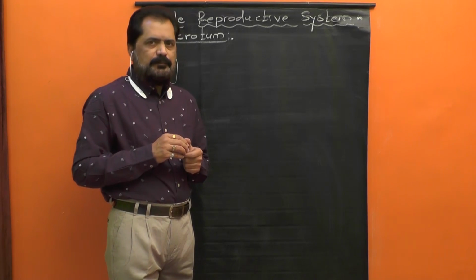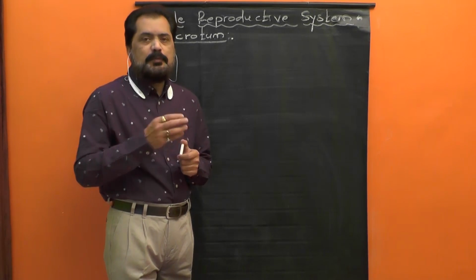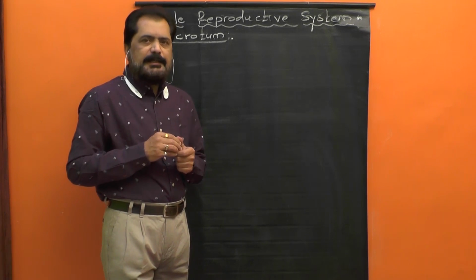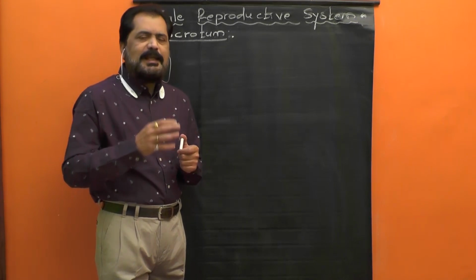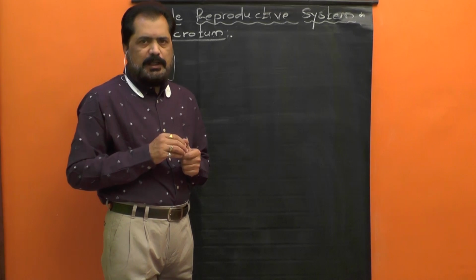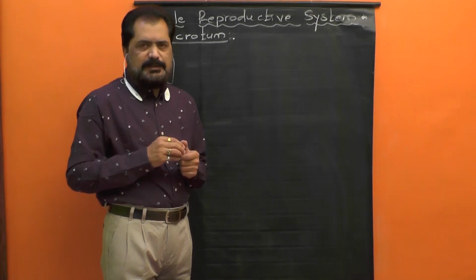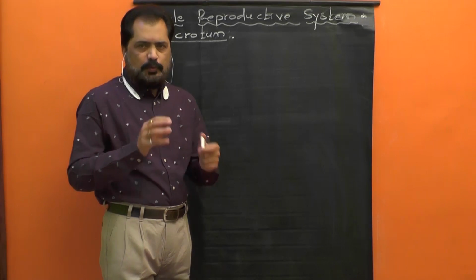Puberty means sexual maturity. It means when that male individual attains sexual maturity around the age of 15, 16, 17, there is a development of hairs on the scrotum.